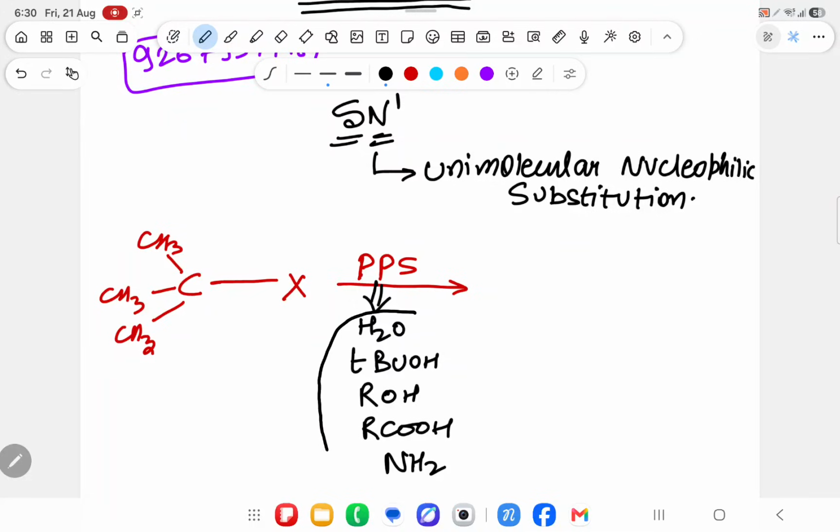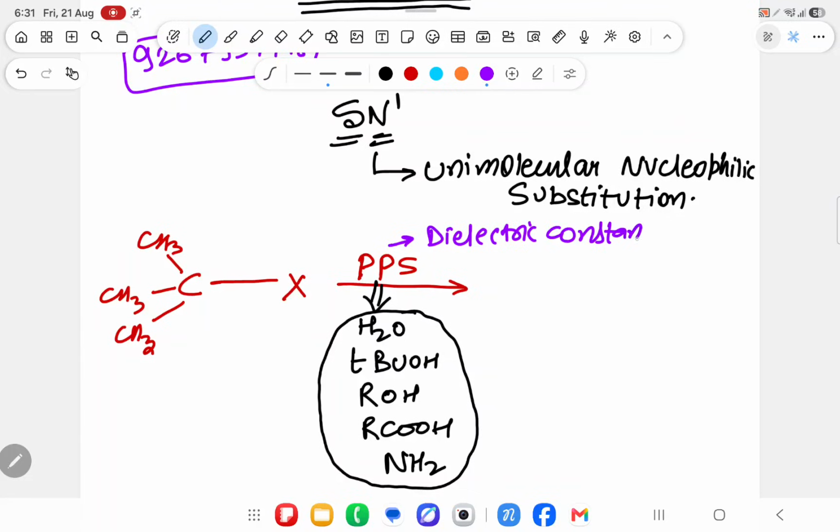Only electronegative atoms, fluorine, chlorine, bromine, iodine, SH, oxygen, nitrogen, like that, they are polar protic solvents. A polar protic solvent has a dielectric constant. What is dielectric constant? You already know it from the physical chemistry part.